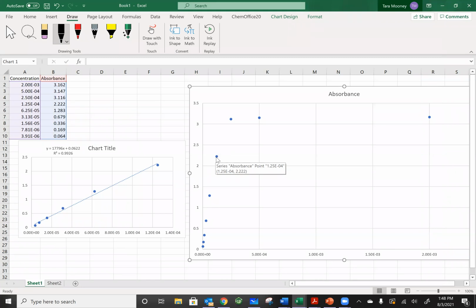So that tells us the machine can at least read up to the concentration of this data point, but everything else does not follow Beer's law.